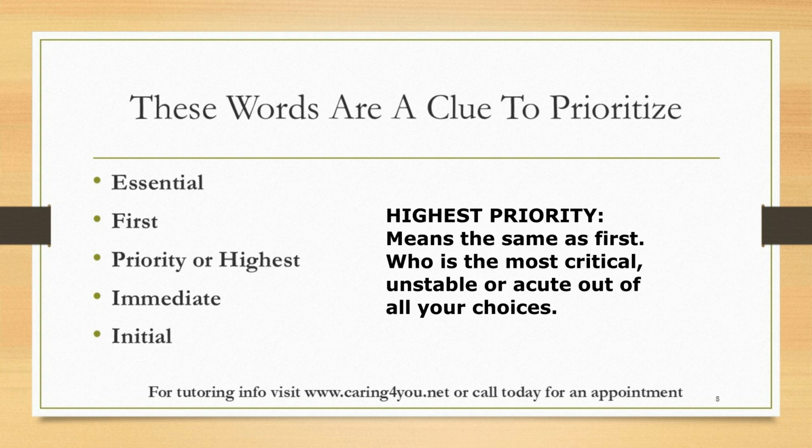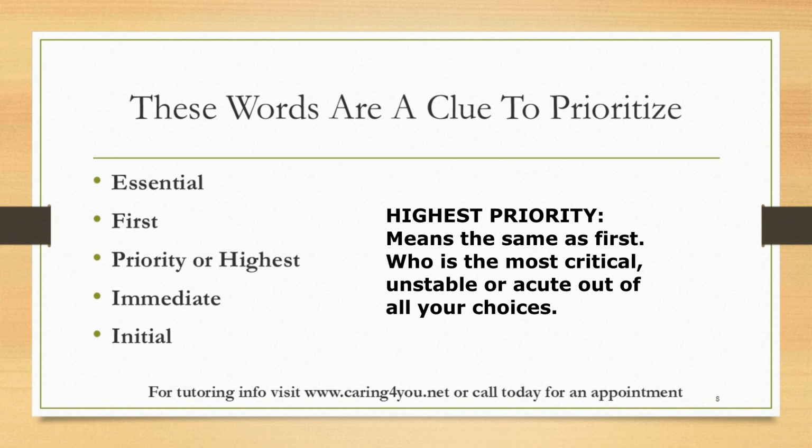Now, for some of you, English may not be your first language, or for some of you, you haven't seen questions worded like this in your experience. So this is why I'm going over all of these words. So again, highest priority means the same thing as first. Who is the most critical? Who is the most unstable?